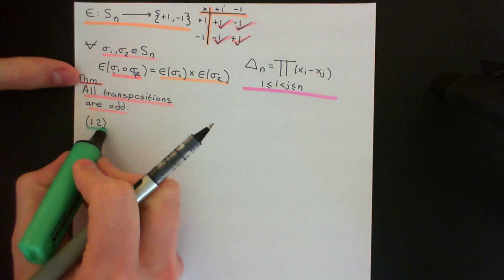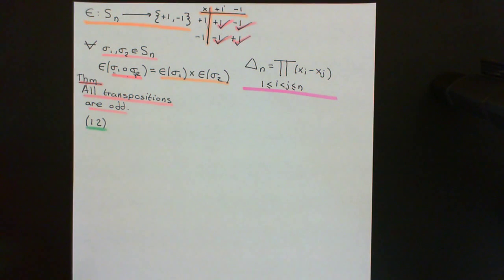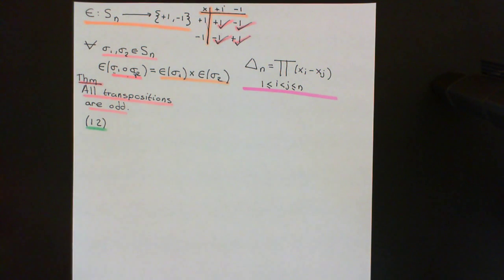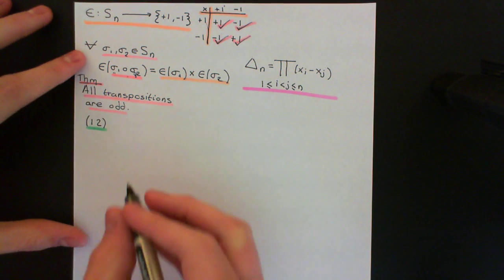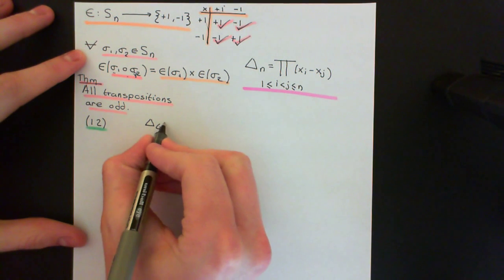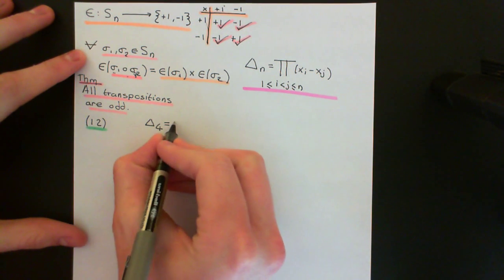Now, the best way for me to do this is just to proceed with an example. That's the best way to get intuition for this. If I try and explain it in general, it will just become more complicated than it needs to be. So I'm going to do the example once again with n equal to 4. So I'll just copy my polynomial delta 4 out again.